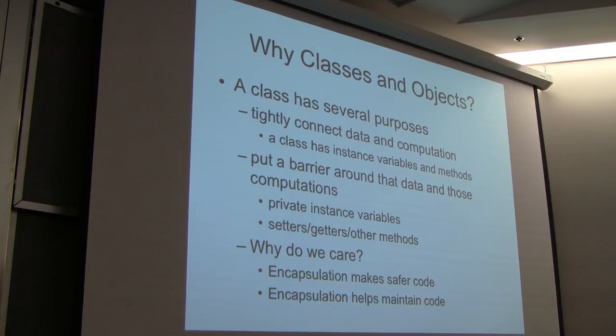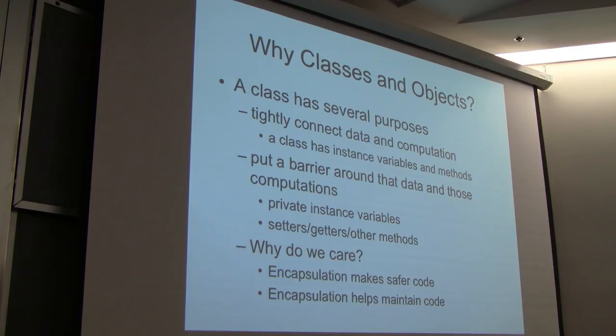So a class, again, has several purposes. In your mind, you should realize that it's connecting data, the instance variables, with the code that works on the instance variables, the methods. They're tightly coupled together into this one structure. Another goal is to put a barrier around that data and those computations so that people cannot get access to that data without working through the methods you have provided.